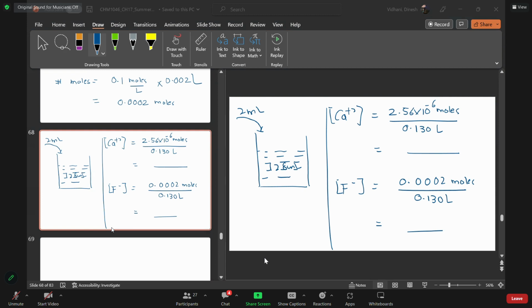No, at this moment, no. Essentially you are doing one part, one side. So M1 V1 gives you the number of moles of that component. M2 V2, here we are not relating them together. We are just finding the concentration. So what should be for calcium ions?